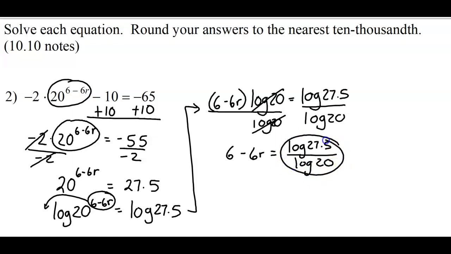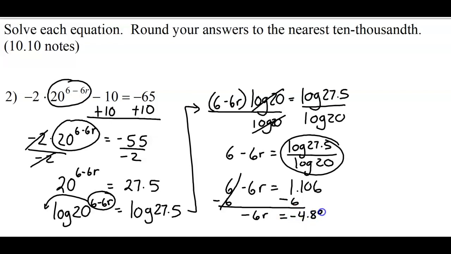Now I need to figure out what this is, and I have to use a calculator for that. My calculator gives me 1.106. Then I'm going to subtract 6 on both sides, which gives me -4.894.